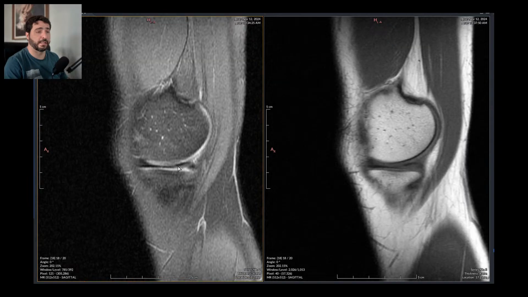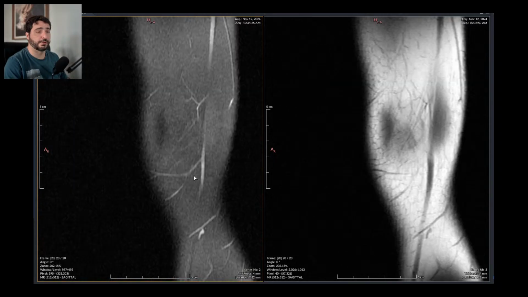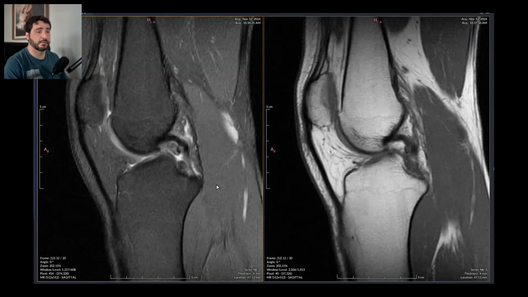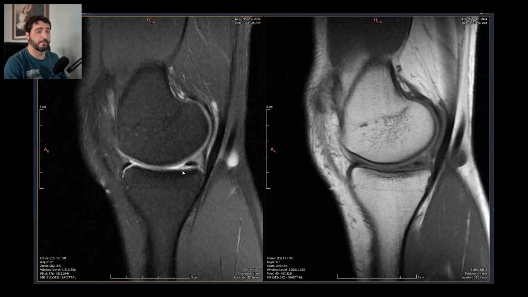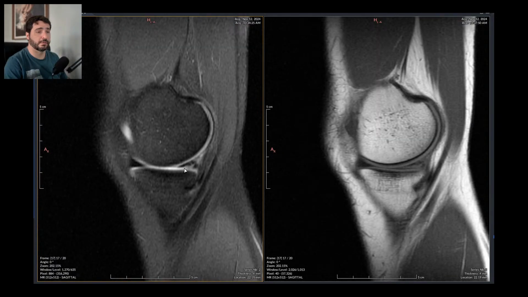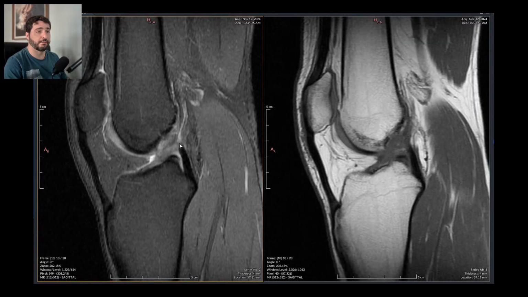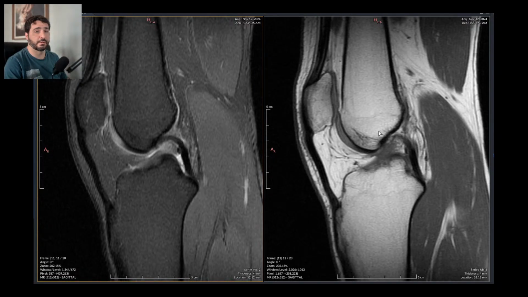I have seen already a ruptured posterior horn medial meniscus right there. So this is a horizontal lesion right there. It goes all the way to the tibial articular surface of that meniscus, and we also have a tear of the anterior cruciate ligament right there.